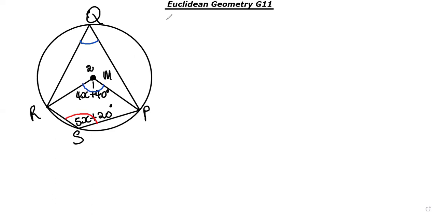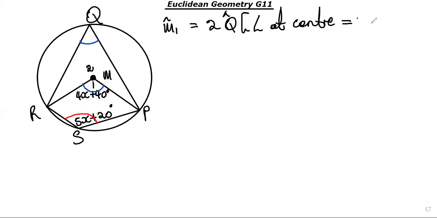So we begin by saying angle M1 is twice as much as angle Q, because the angle at the center is twice as much as the angle at the circumference.